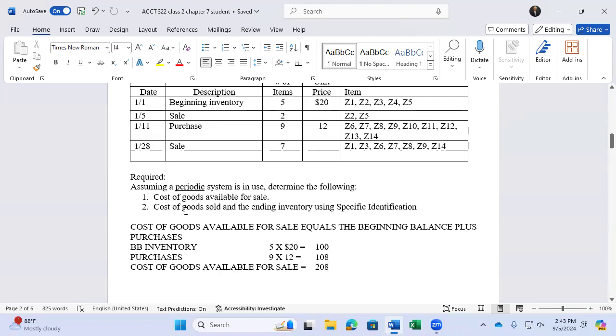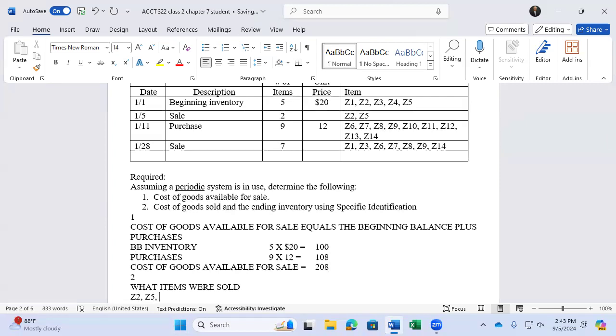Okay, so now it says cost of goods sold and the end inventory when we use specific identification. This was part 1. What we want to do is say what items were sold. We look and say, okay, Z2 and Z5 were sold.